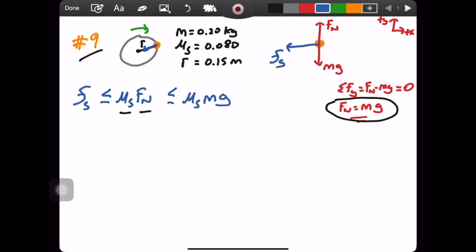No more static friction once you exceed the maximum. However, if you can imagine, if there was an opposing force that was less than mu s mg, then certainly the static friction force has enough to be equal and opposite. So it's not that the static friction force is always the maximum.